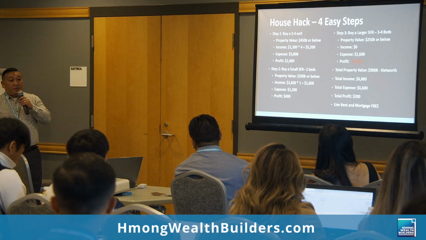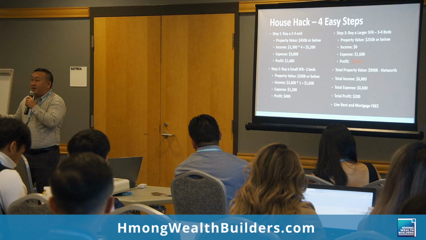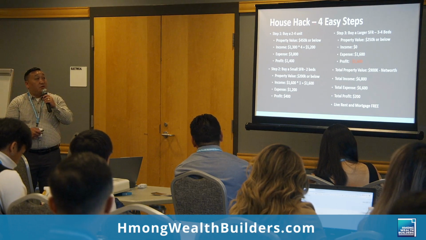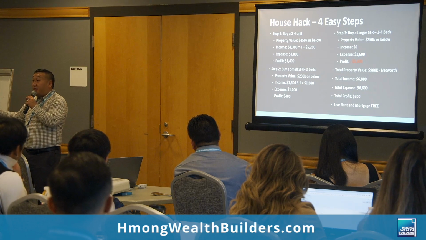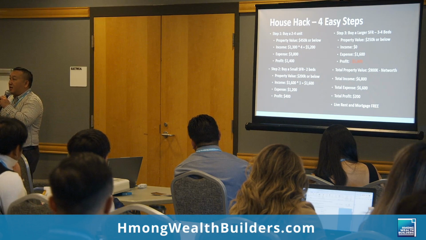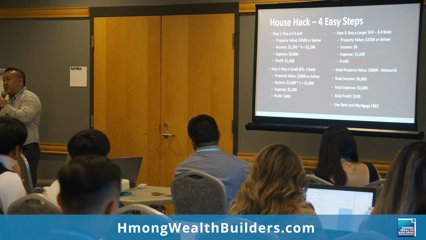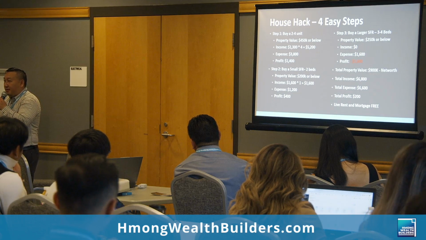Talk to a loan officer. You could probably still do the FHA loan. If you go conventional for a fourplex, they will not let you do it. But if you do FHA for a duplex, triplex, or fourplex, they might still let you do it. So talk to a lot of loan officers. You will probably be able to find one that will do it for you.